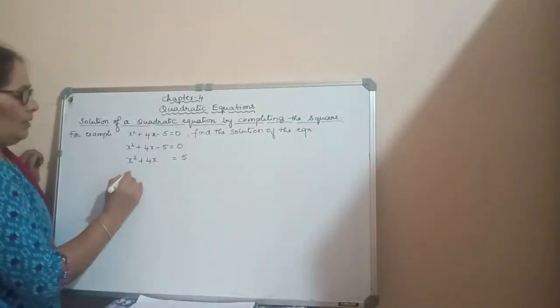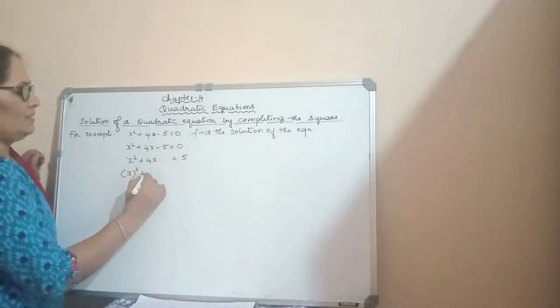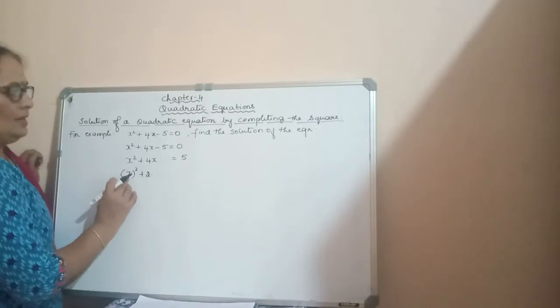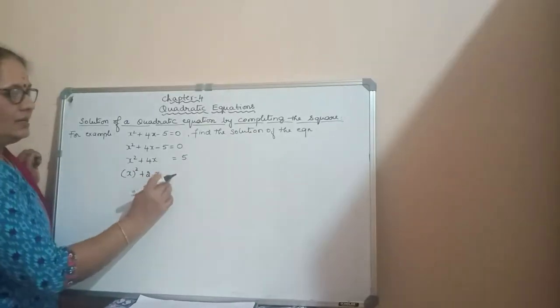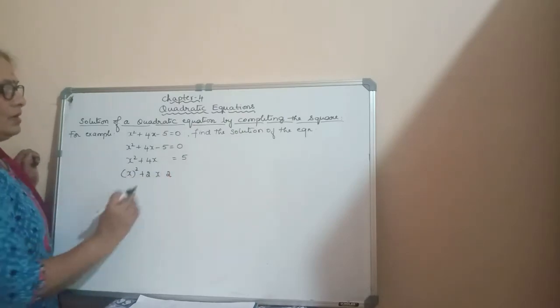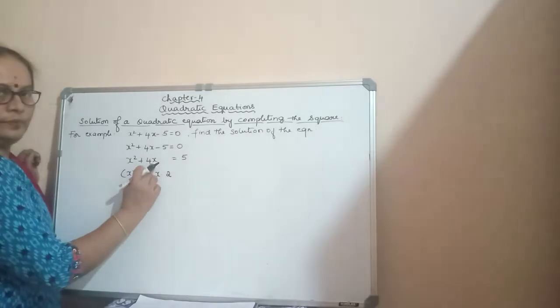Okay. Now x square, and this is in place of 2ab. So 2 into, here a is x. Then what will be b here? 2. Why? Because 2 into 2 is 4x.